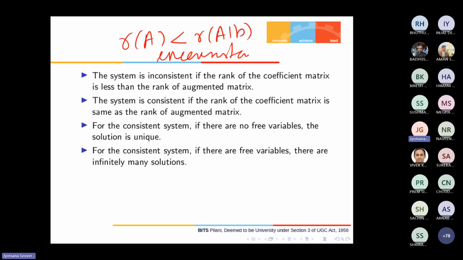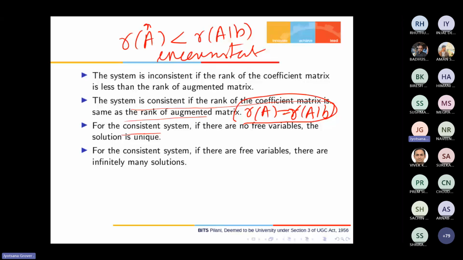A is the coefficient matrix, where you have the coefficients a11, a12. Next, the system is consistent if the rank of the coefficient matrix is the same as the rank of the augmented matrix. Whether it is n or less than n, it will be consistent.